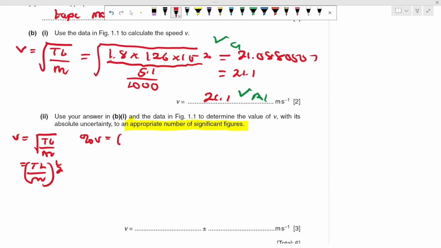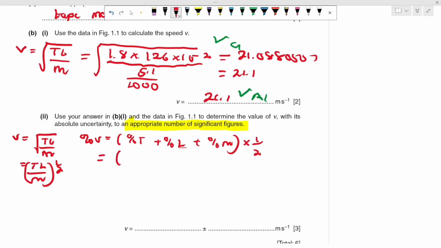So it will be the fractional uncertainty in t plus the fractional uncertainty in L plus the fractional uncertainty in m. And then if you see a power, you multiply by the power, so we just multiply by 1/2. So that's sort of how you think of fractional uncertainty.